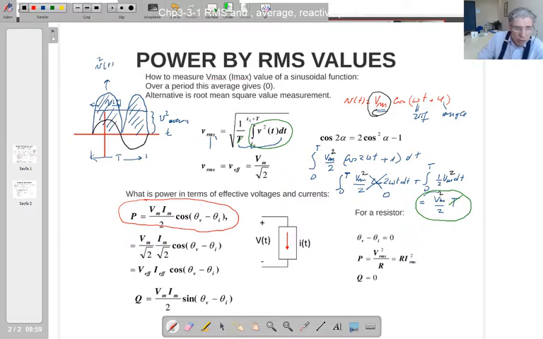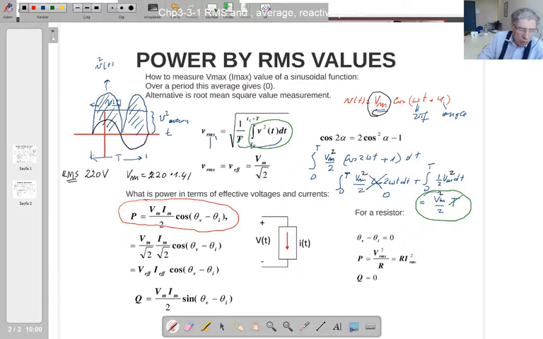So in practice, in our houses, we said we've got an independent voltage source of which voltage is 220 volts. That is the RMS value. So what is the maximum value of it going to be? 220 times 1.41, isn't it?